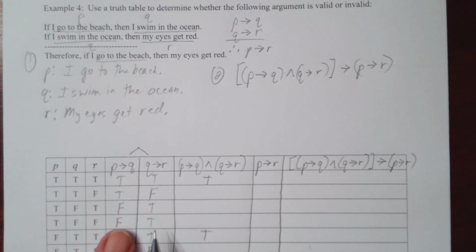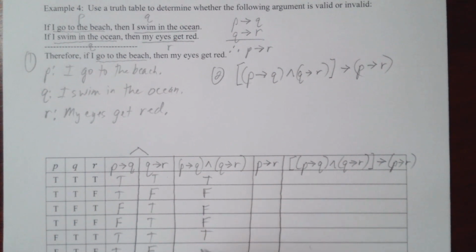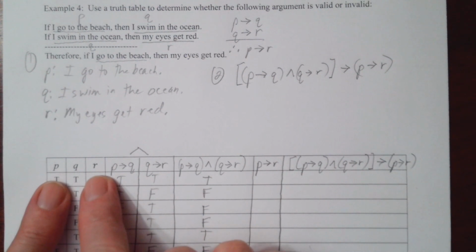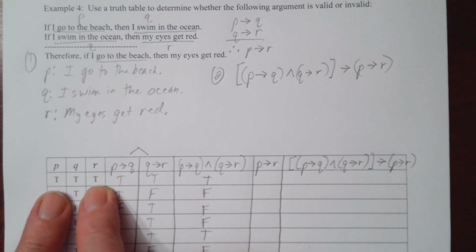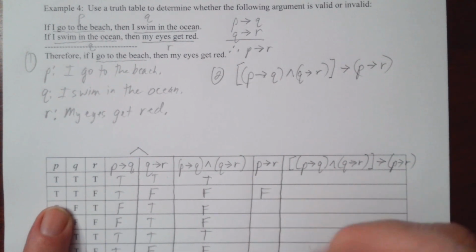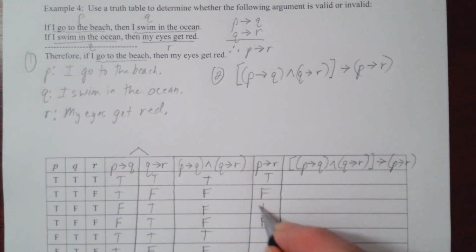All right, so true, true, true, true, true, true, and true, true. The other cases are false. So P implies R, so we're looking at these two columns, and we're looking for true, false. There's a true, false, so that's false. Another true, false, so this is false. And that's it. Everything else will be true here.